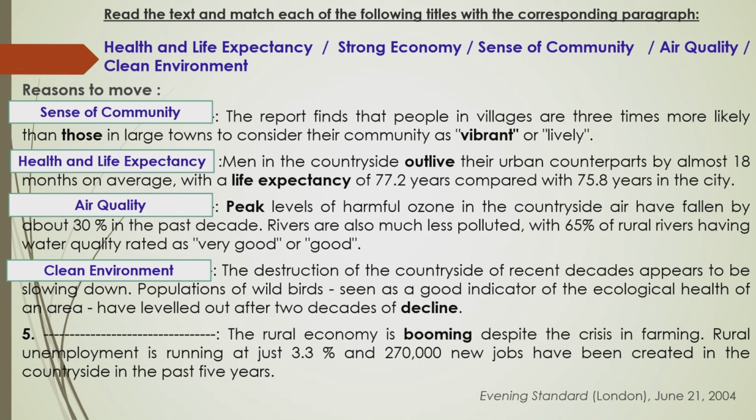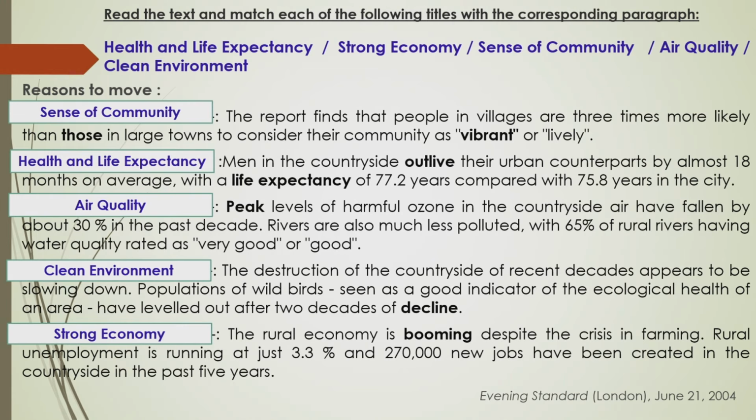Now, when it comes to paragraph 5, so you have this rural economy which is booming. So I think also these figures that exist here will lead us to no other choice but strong economy.